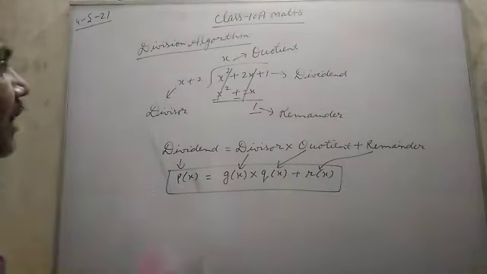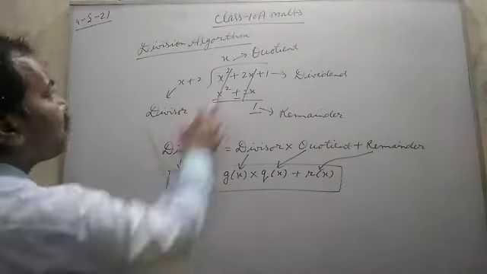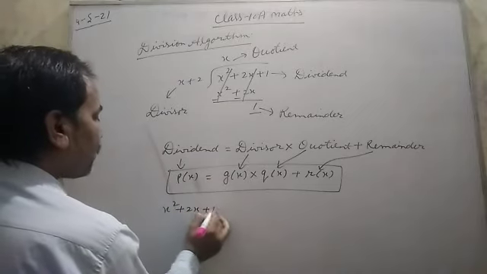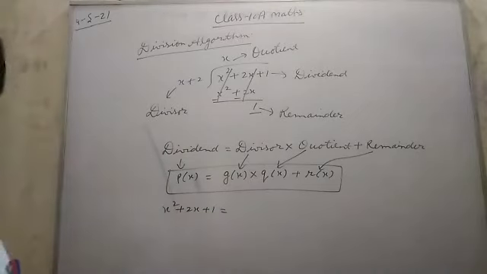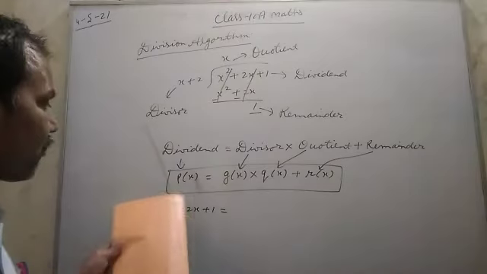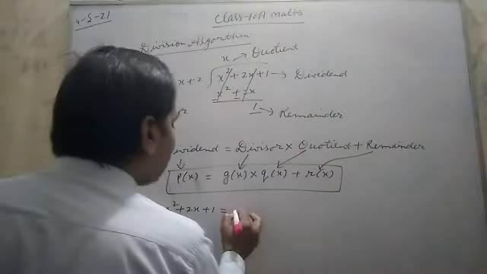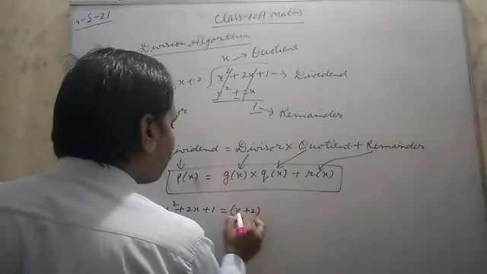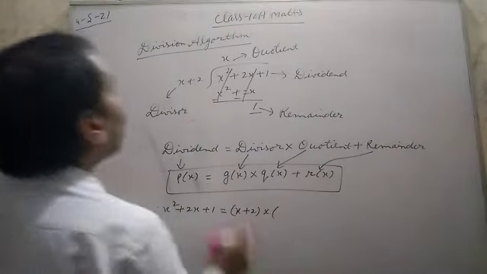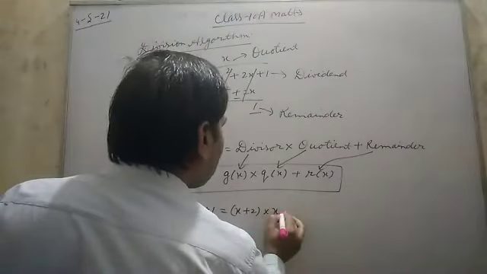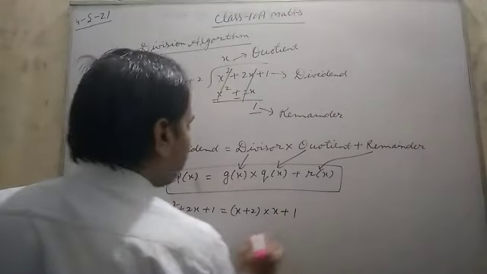Here also you can verify. The dividend here is x square plus 2x plus 1. This is LHS. If RHS is also equal to LHS, then it is verified. Divisor, that is x plus 2, into quotient, that is x, plus remainder, that is 1.